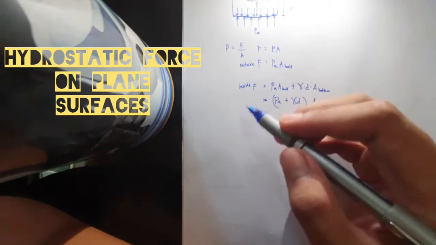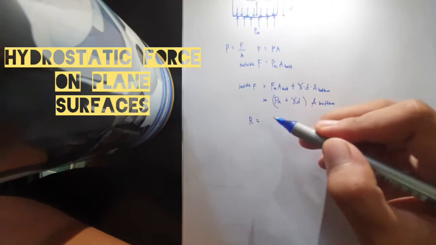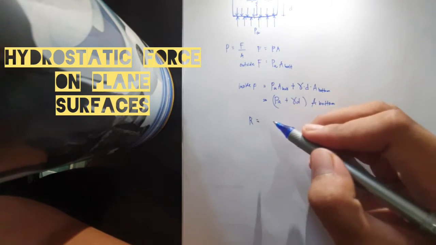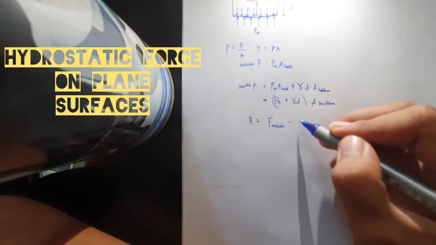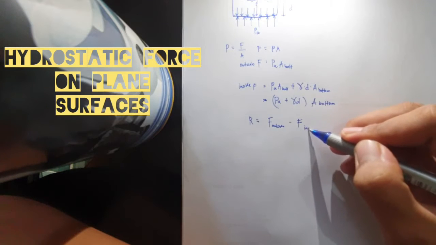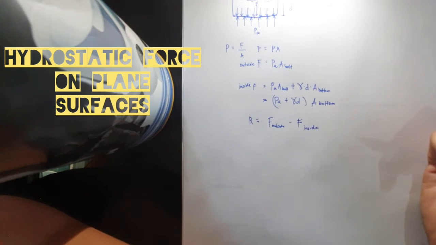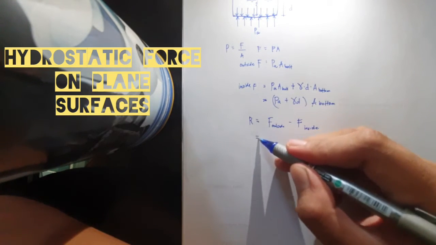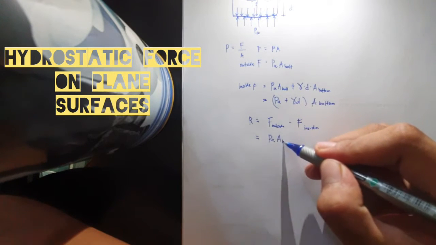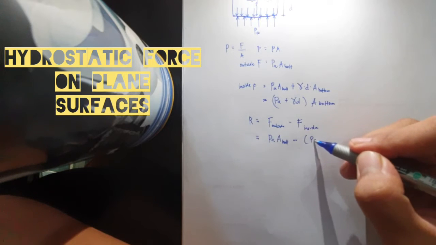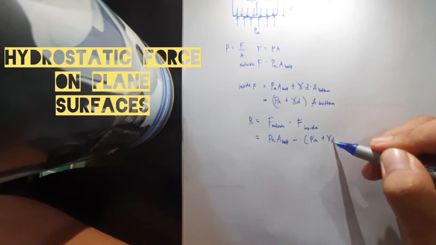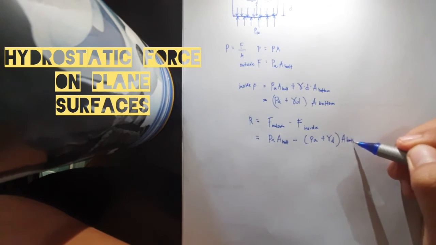Okay, so now we can get the resultant. Resultant is F outside minus force inside. So the outside force is PA times area bottom, minus the quantity PA plus gamma D, times area bottom.